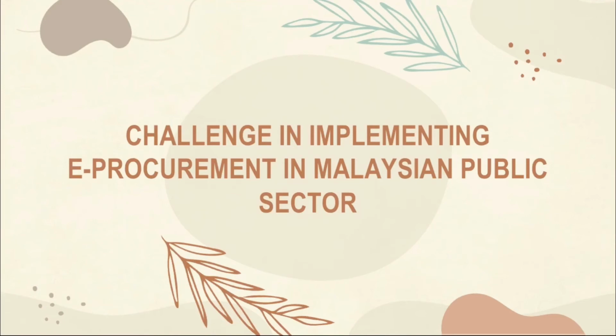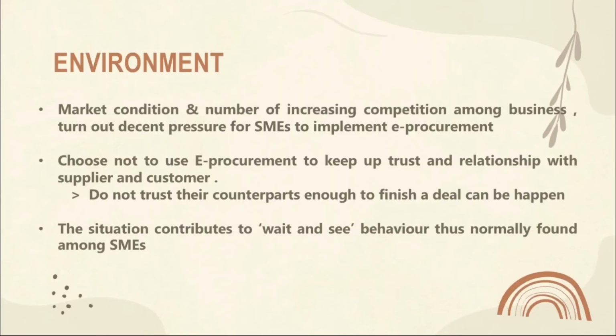So I will present the challenges in implementing e-procurement in the Malaysian public sector. There are many challenges in implementing the e-procurement system in the Malaysian public sector. Firstly, one of the challenges is environment. According to the market condition and the number of increasing competition among the businesses, it will turn out decent pressure for SMEs to implement e-procurement.